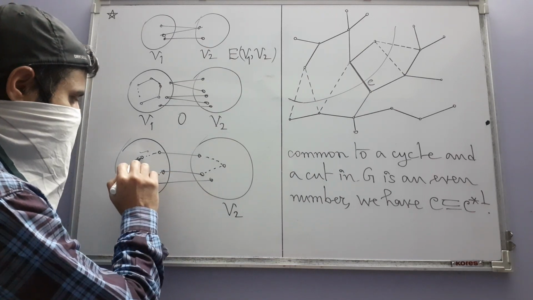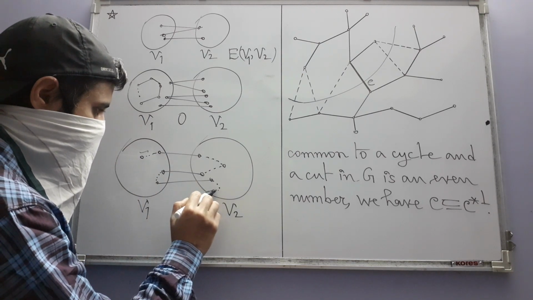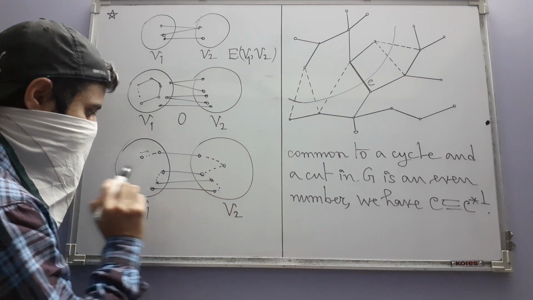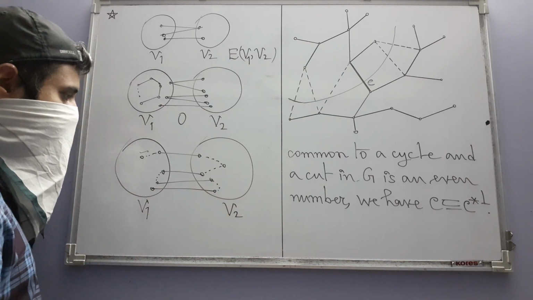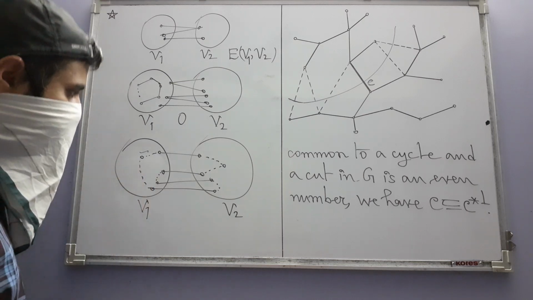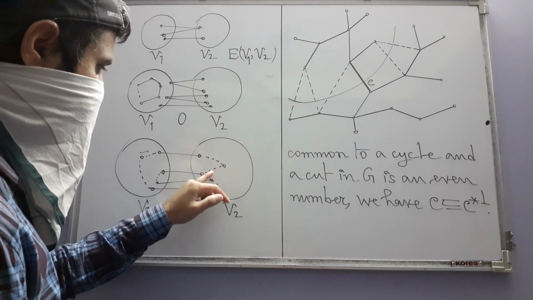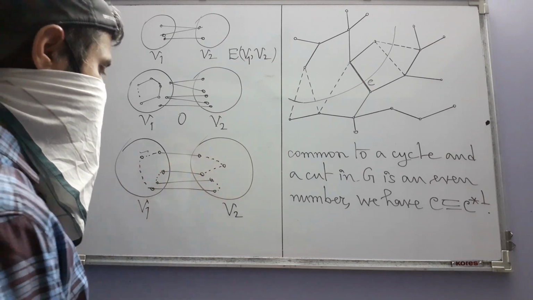But because we have to eventually come back to this, again we will have to make another such jump. That means in order to come back to the starting point, for every time you cross from V1 to V2, you have to come back from V2 to V1.